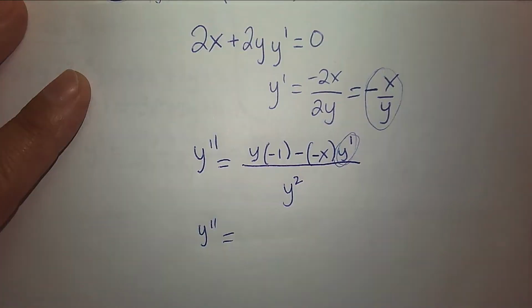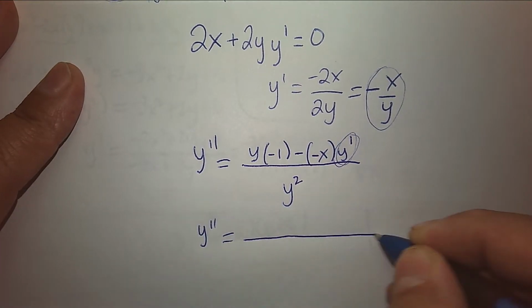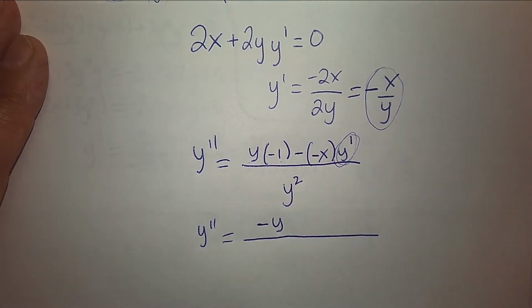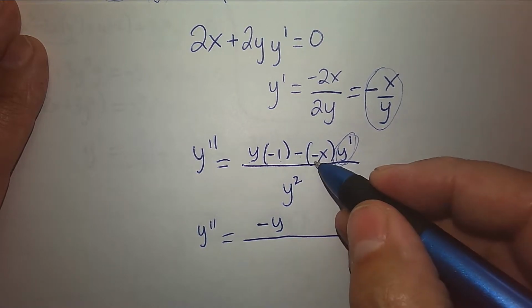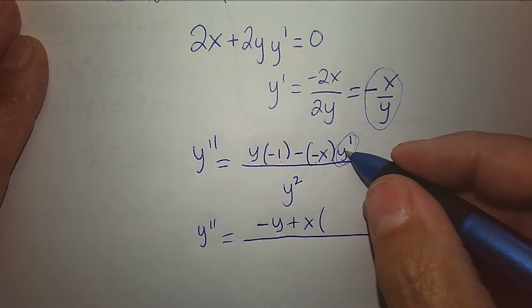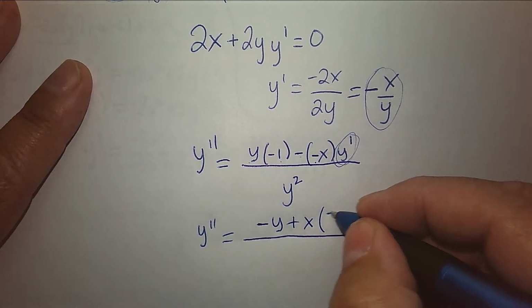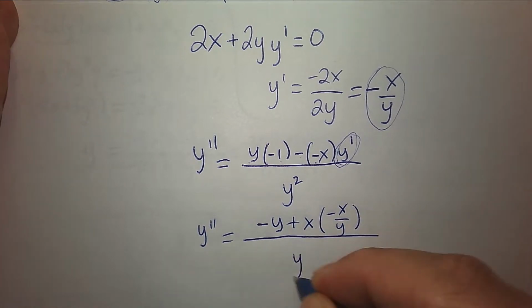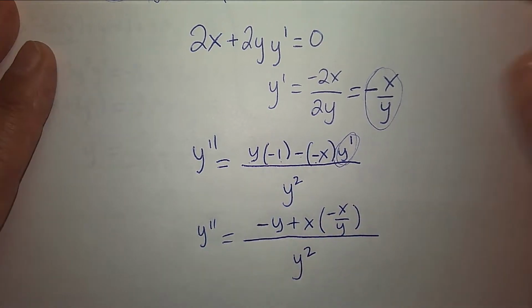So no y prime in your answer. y times negative 1 is negative y. A negative times a negative is a positive x. Y prime is negative x over y. And in the denominator is y squared.